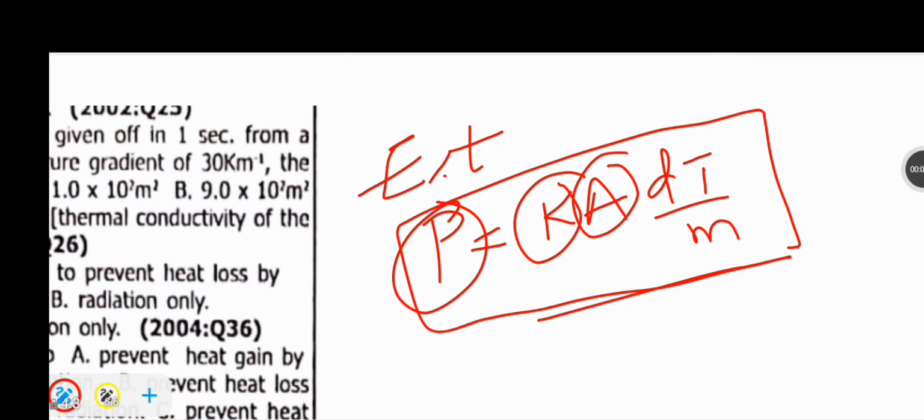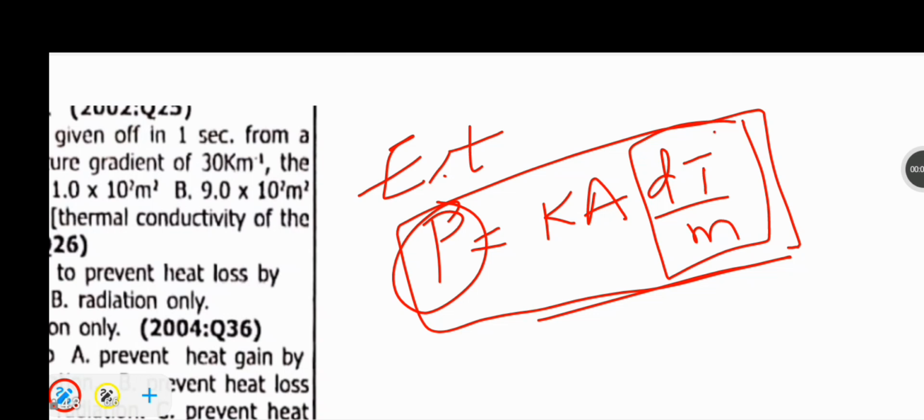A is the area, change in temperature divided by m. M is the thickness. Everything like this here is called the thermal gradient. That's temperature divided by meter, divided by distance.